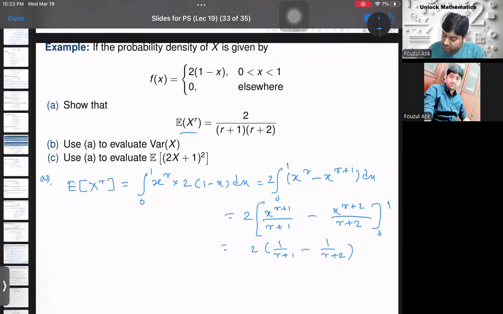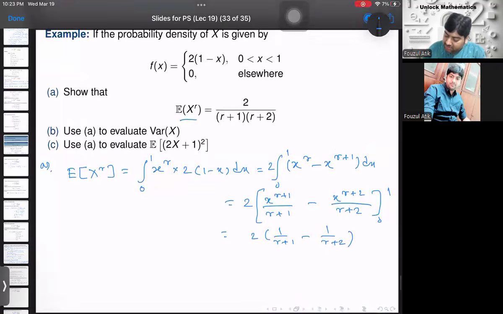And this value is actually equal to the given quantity, which is 2 by r plus 1 into r plus 2. So the first part is done.